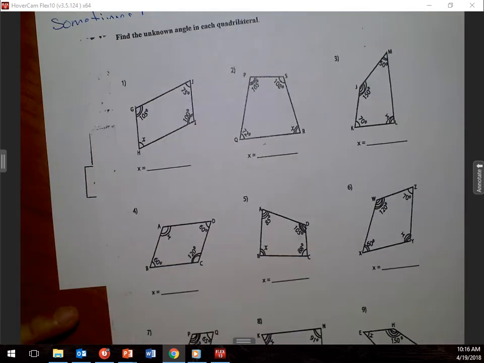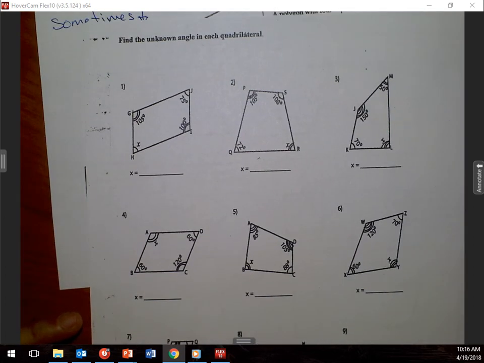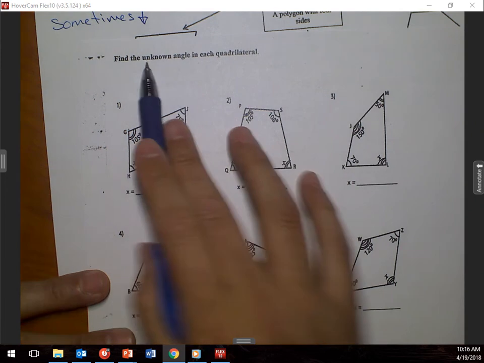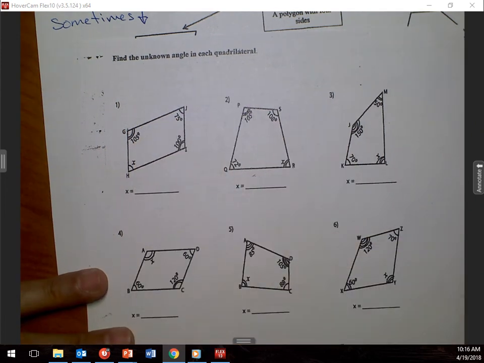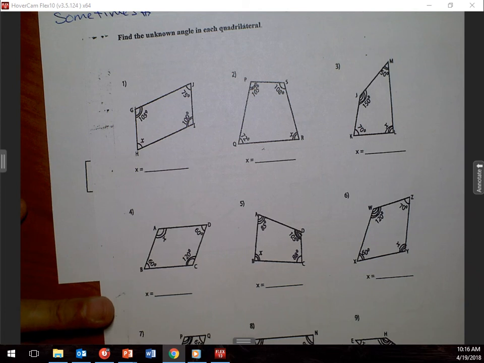Okay, let's flip it over. This is page 74. On this one right here, in all these, they're all quadrilaterals. They all have four sides, right?